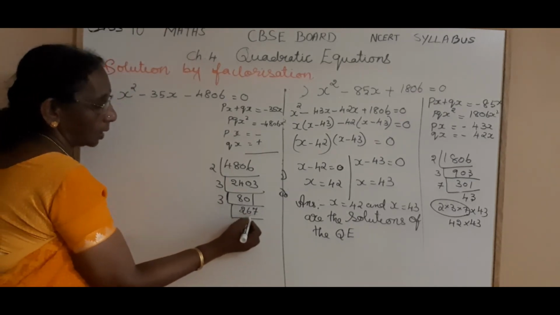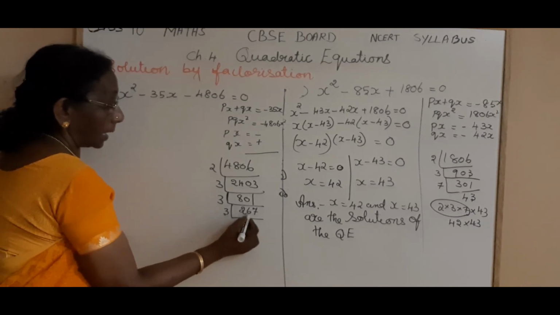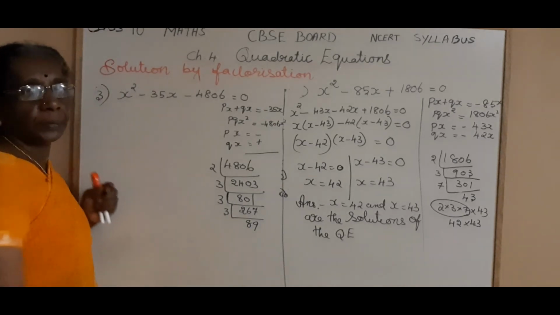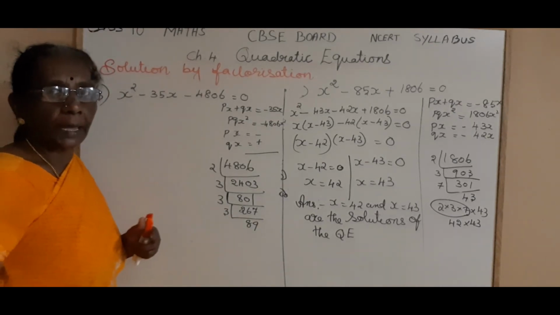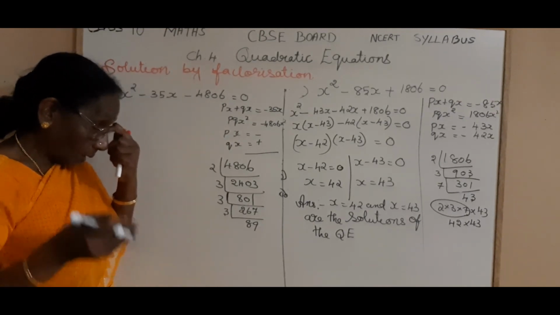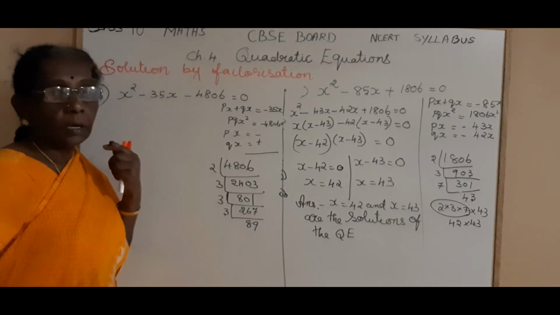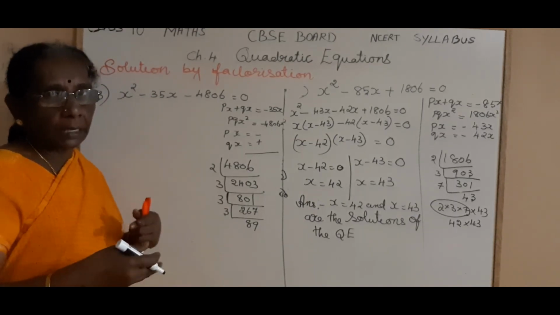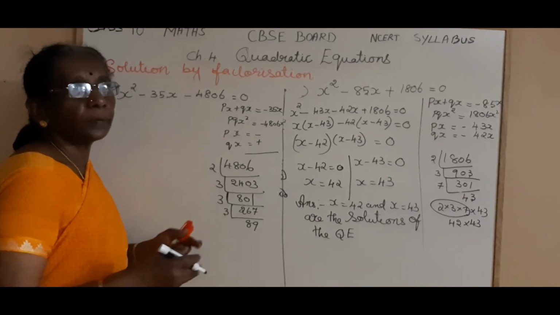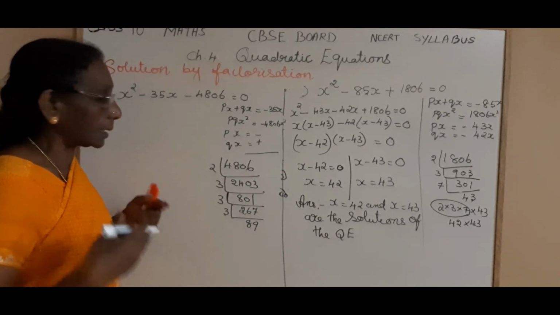So it is also 15. When you add, you are getting 15 divisible by 3. 8 3s are 24, 9. 89 is a prime number. You cannot prime factorize that. So you should know the prime numbers from 1 to 100. So it will be easy. Otherwise, you will be finding the factors of 89 and you will be wasting the time. That will cause tension in the examination, the time will be wasted unnecessarily.